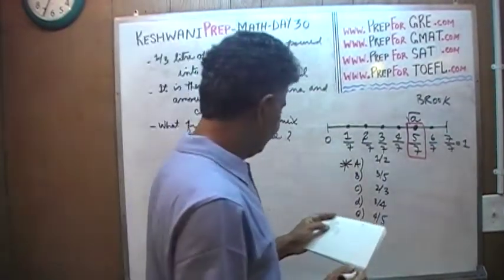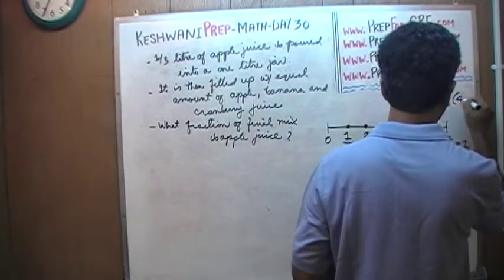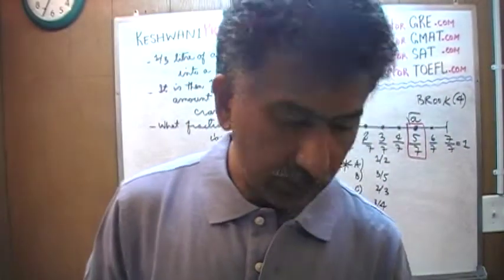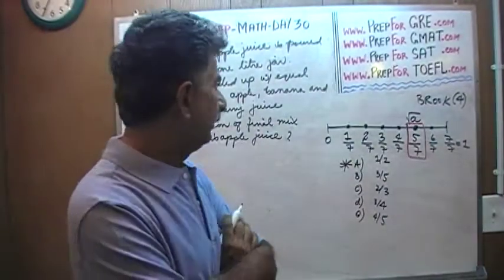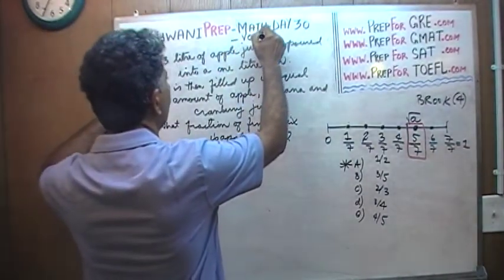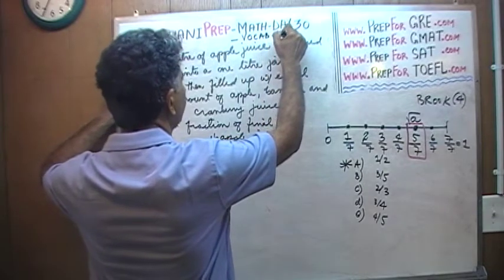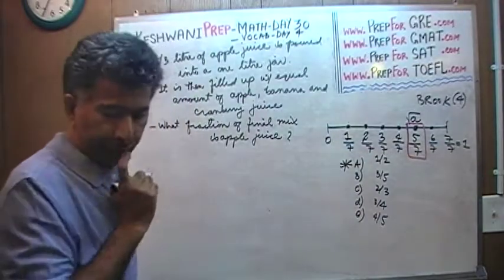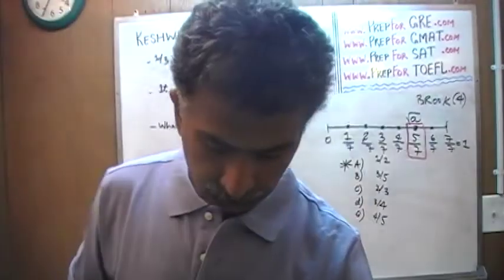The word that I just used was brook. For those of you who want to learn this word properly, it's a vocabulary word. Just type in Keshwani Prep vocab day 4 and you will learn this word brook in the context that I used.